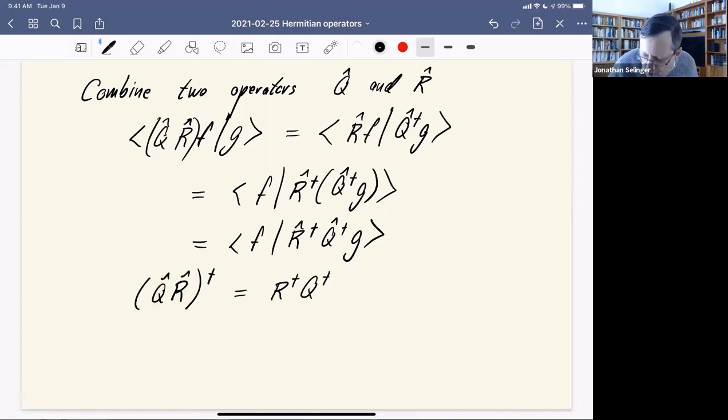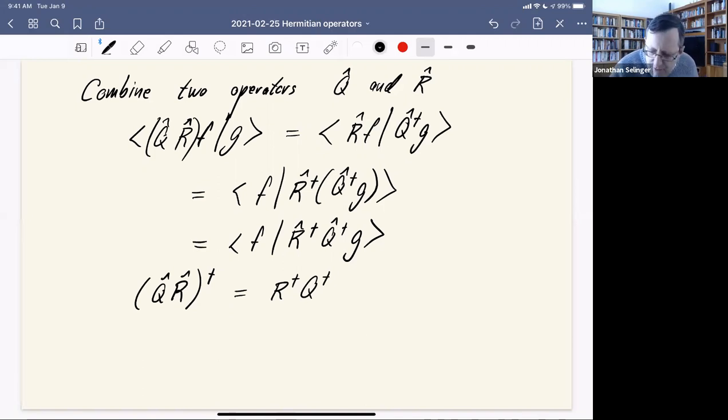Okay, so this tells us how to make the Hermitian conjugate for a pair of operators that are combined together. You may have seen something like this before in a linear algebra class, when you were working on the transpose of a matrix.